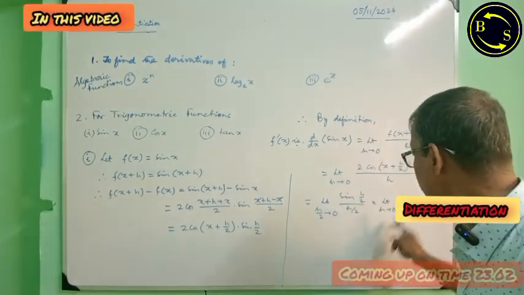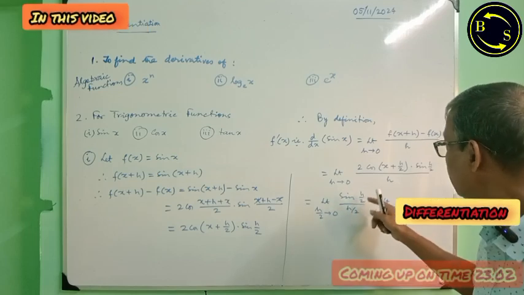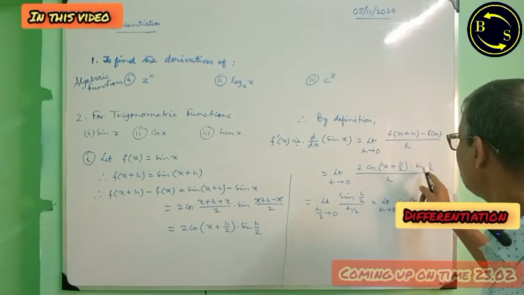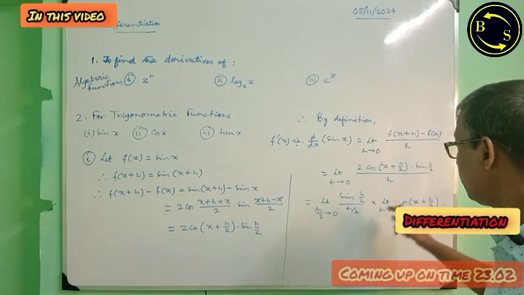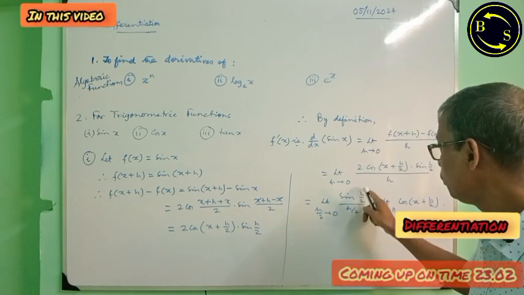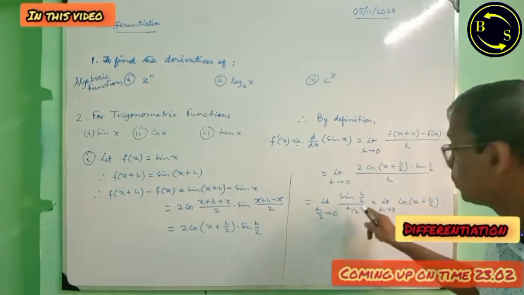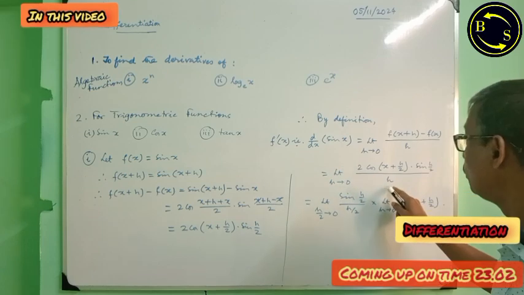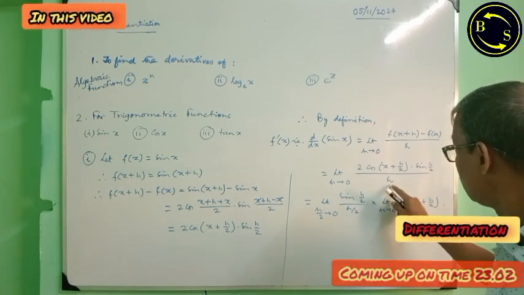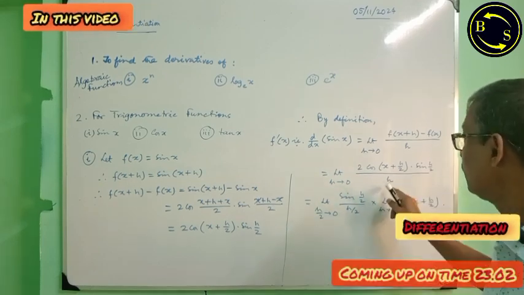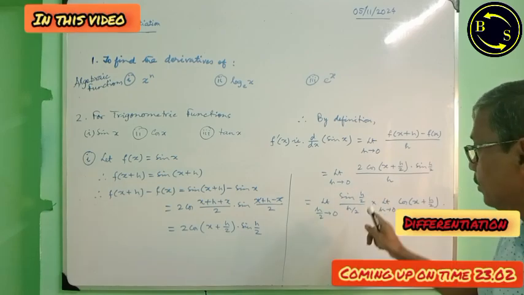I have applied that, and as the angle of the ratio sine h by 2 is h by 2, we have to bring that angle. For that I have divided by 2, h divided by h by 2 at the denominator.